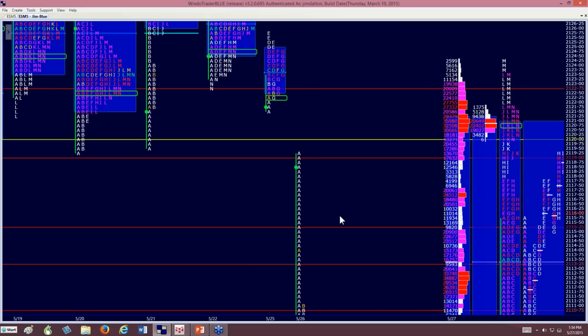You don't have to wait for the stop to get hit. Remember that. A stop's a fail-safe thing, but if you understand the condition of the market coming into the day, that is an easier trade to do.